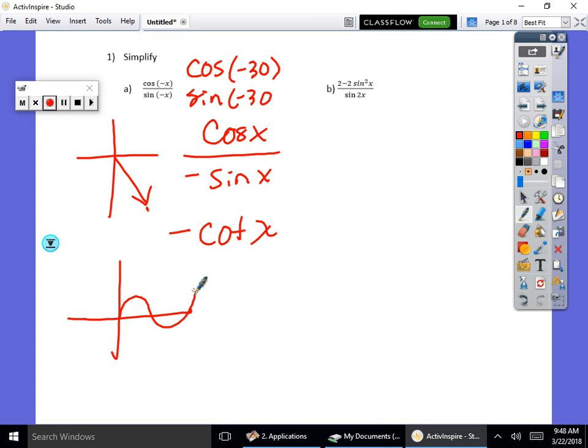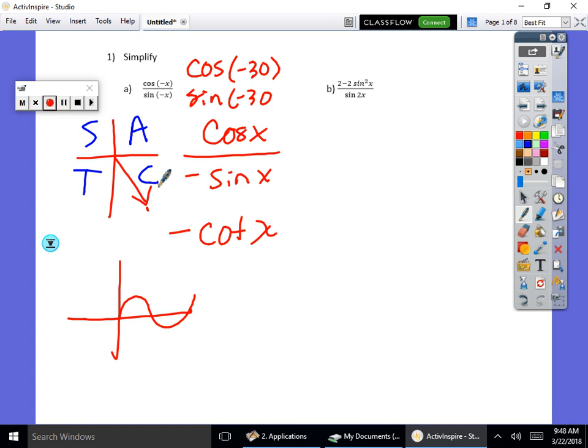I just picked a number to test, but if you pick a number, you want to pick a number in quadrant one to test. But the other way is cosine's even, so the input and output would be the same. And if you think about that, that makes sense because of all students take cash. When we consider even and odd, cosine is the same top and bottom.